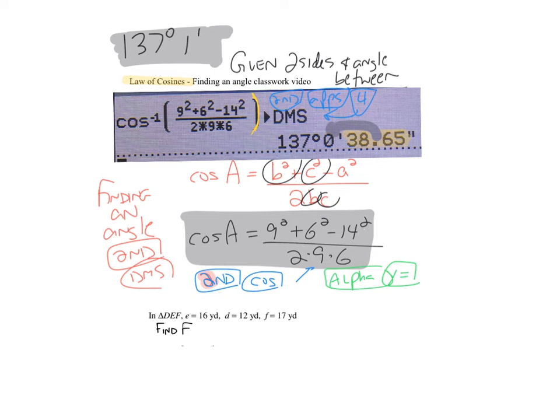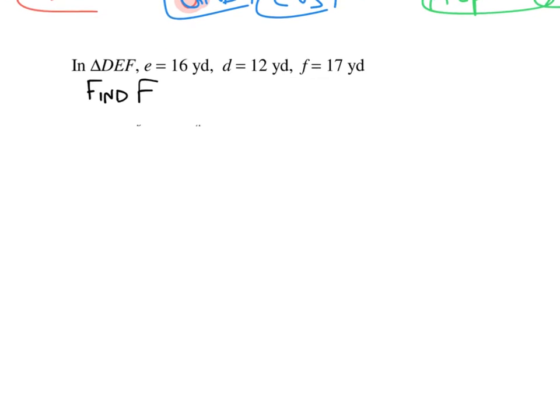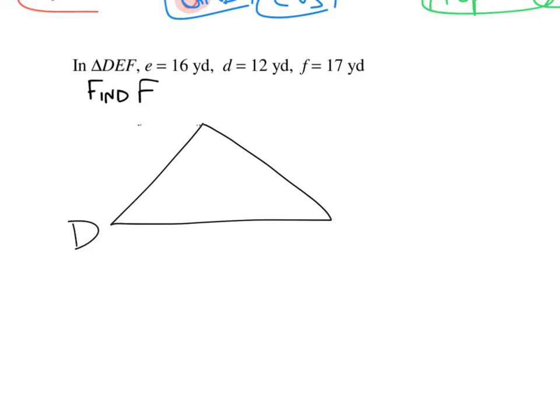Our next problem is a word problem, so we're going to have to draw our own picture. So here it says in triangle DEF, so the letters don't matter, but how you label it, the numbers do. It says little e equals 16. So we'll find angle E, go directly opposite that side, and label that as 16.